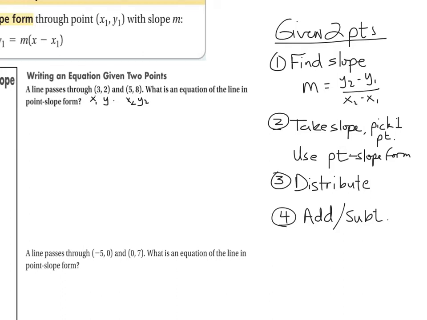So m equals 8 minus 2 over 5 minus 3, which is 6 over 2, which gives me 3. So my slope is 3.